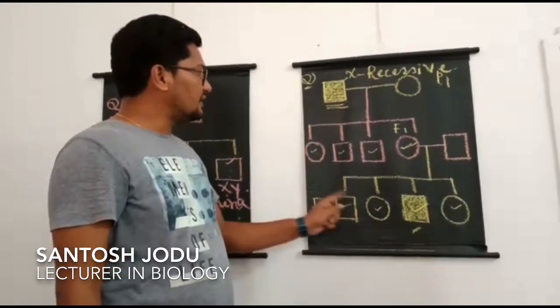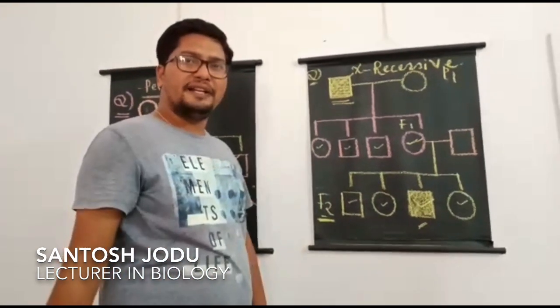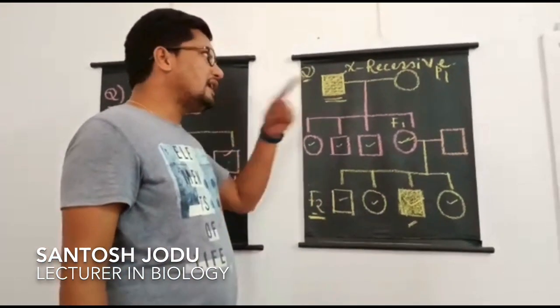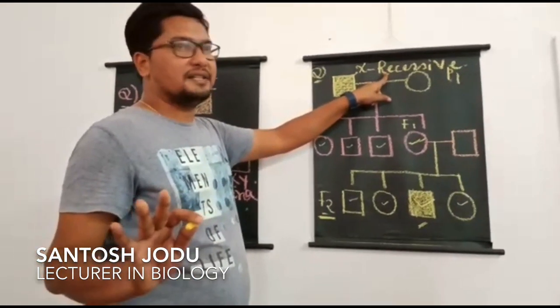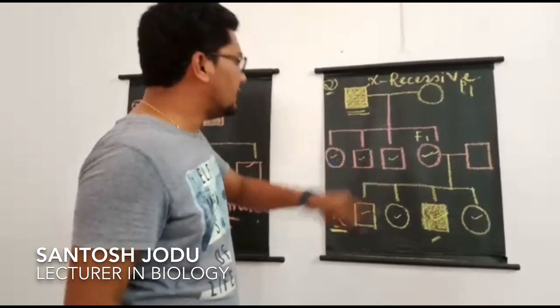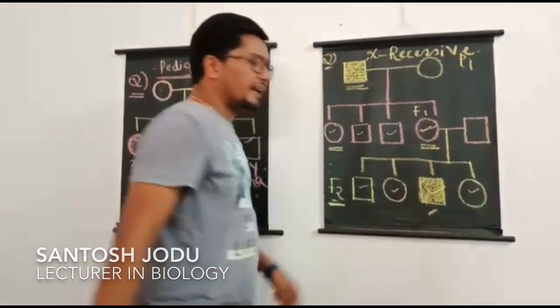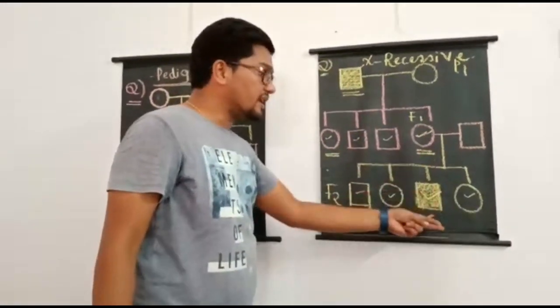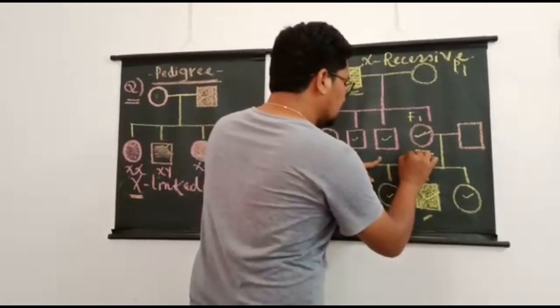So this trait is clearly telling us that it is following the crisscross pattern of inheritance. We already know only X-linked recessive traits follow the crisscross pattern of inheritance. And when we go into further detail, here you can see how a daughter can pass this trait to the next generation males. It is very clear.